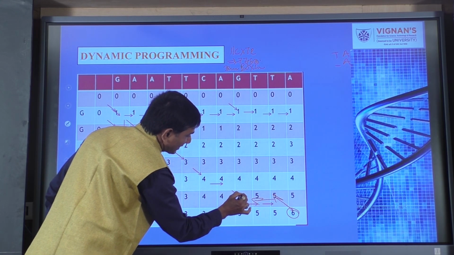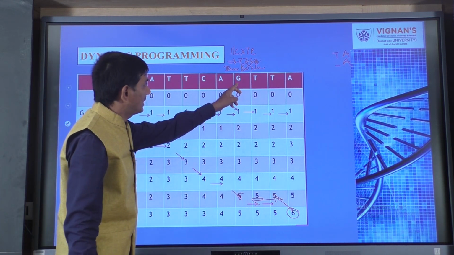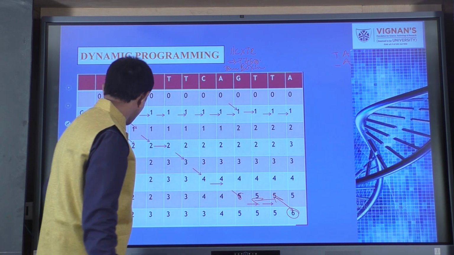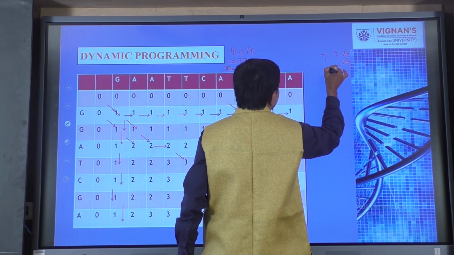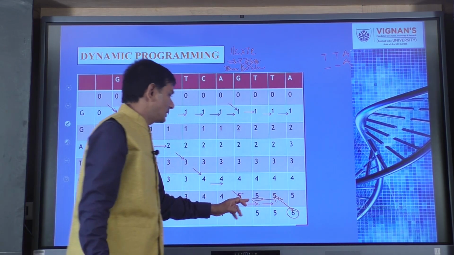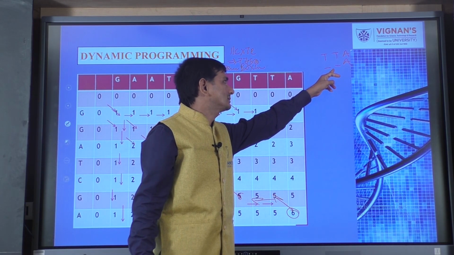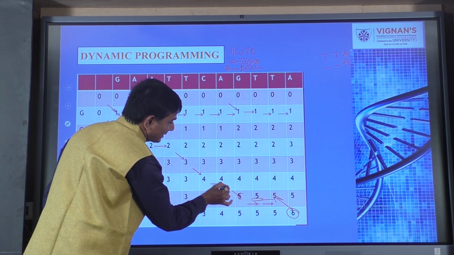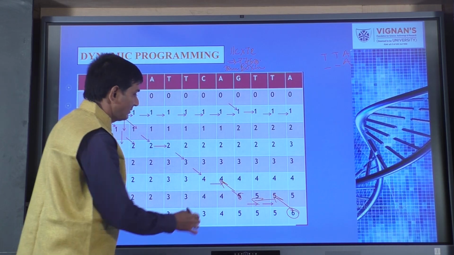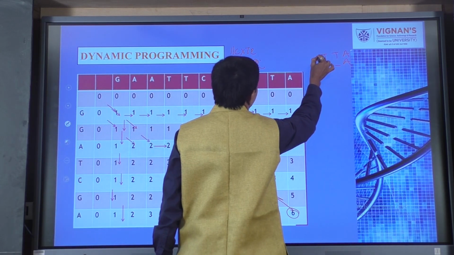Since there is no change in the row, the row component is mapped with the gap. Coming to this particular cell, 5 is obtained in the diagonal direction, where the row coordinate is G and column coordinate is G.